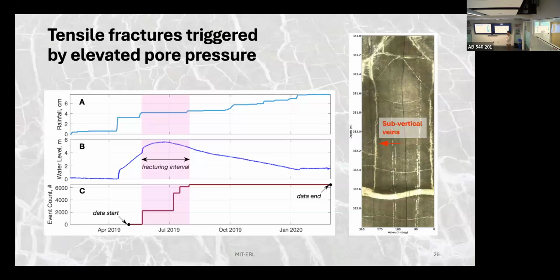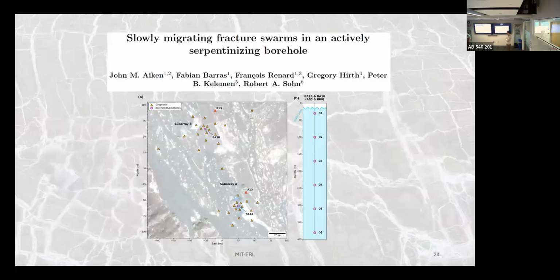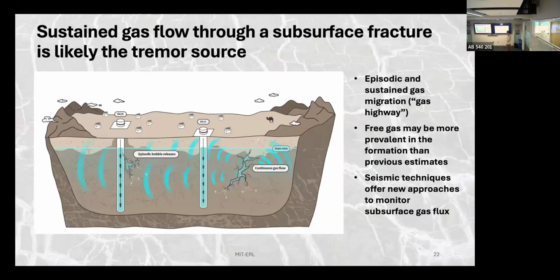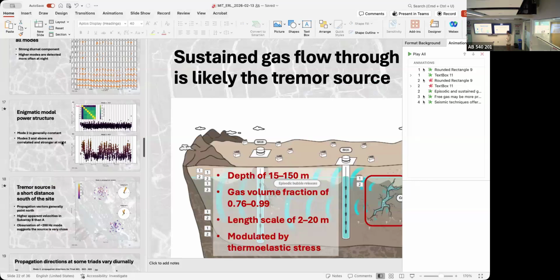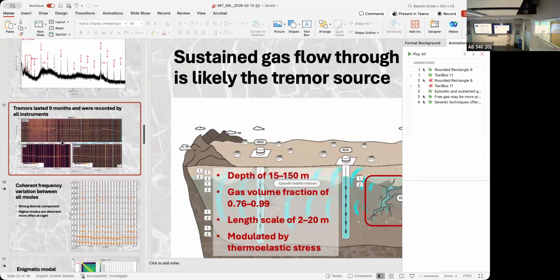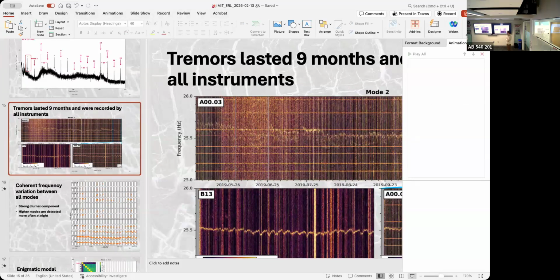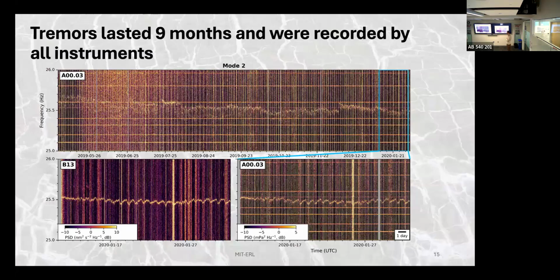But there is indeed some, well, this figure is kind of hard to see here, but there are some, like here, you can probably see that the frequency shoots up.